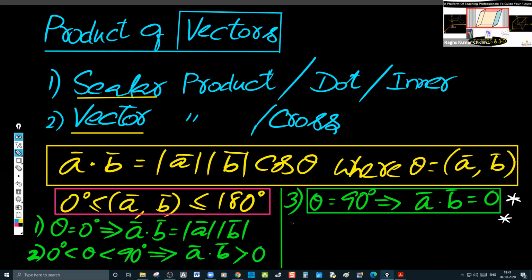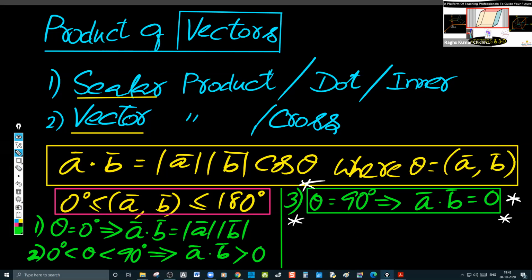After you do the problems, you will understand whether the 5th star is to be given or not. Wherever the perpendicularity case comes, you have to find out the dot product. So dot product 0 means the angle between the two vectors is always 90 degrees.